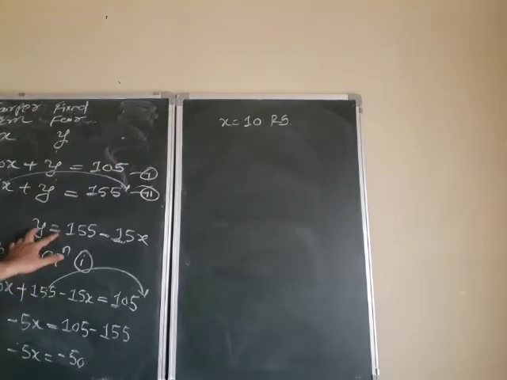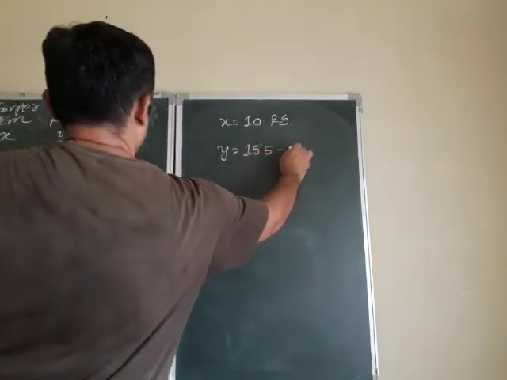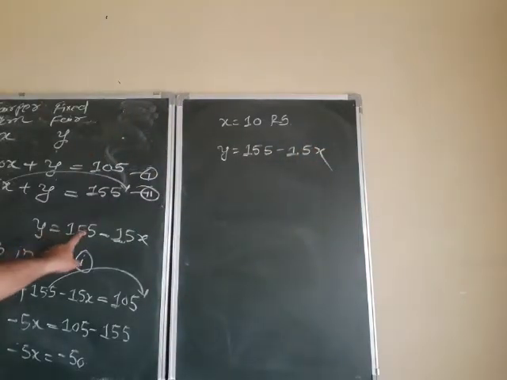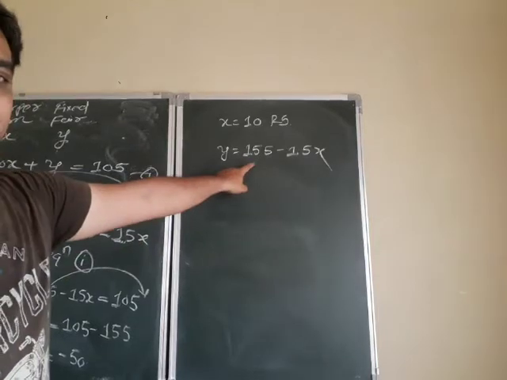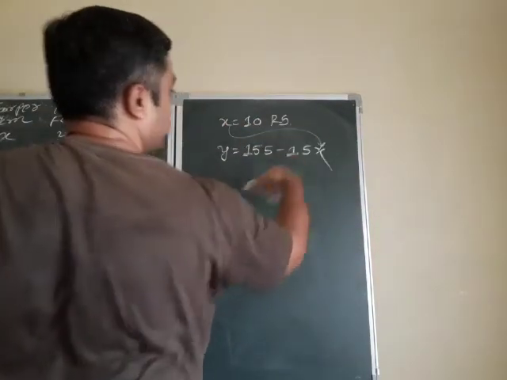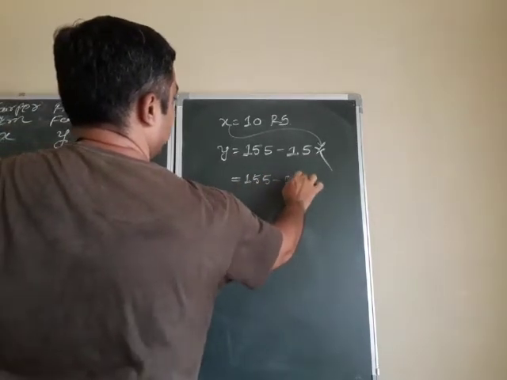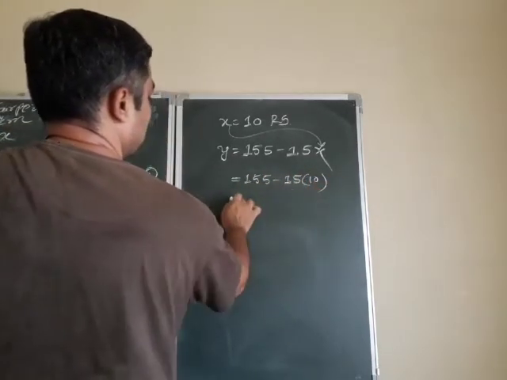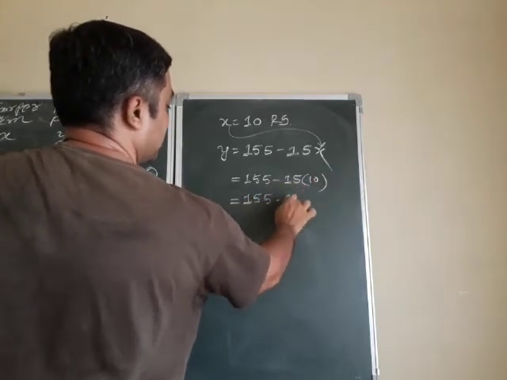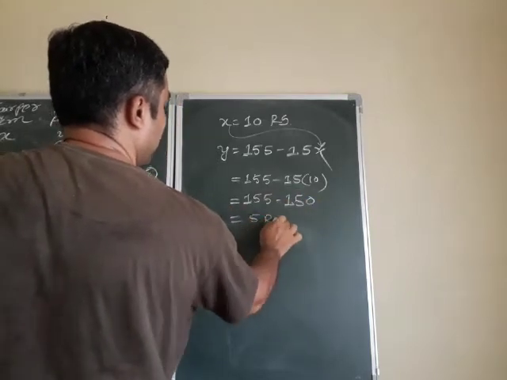Now find your y. You know y is equal to 155 minus 15x. Now substitute the value of x here, so it comes 155 minus 15 into 10. 15 into 10 is 150, so 155 minus 150 comes 5 rupees.